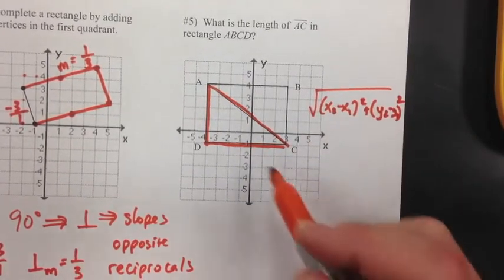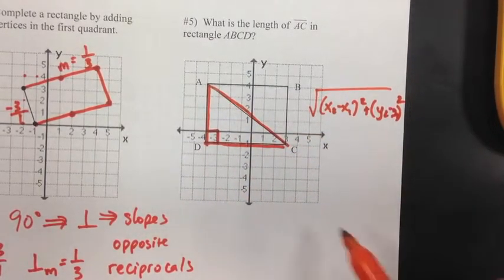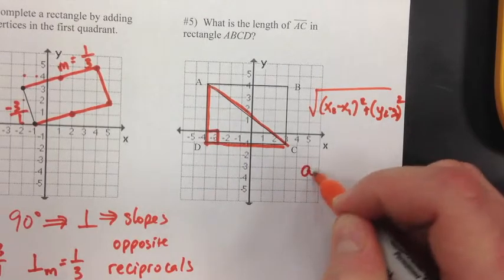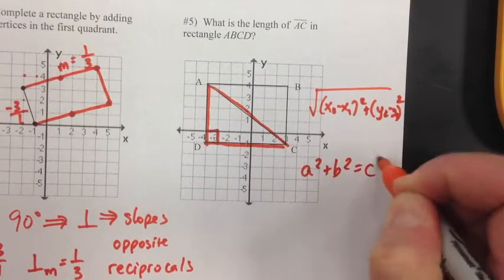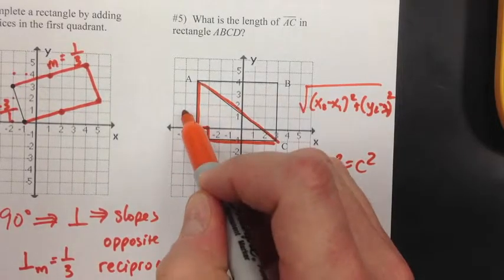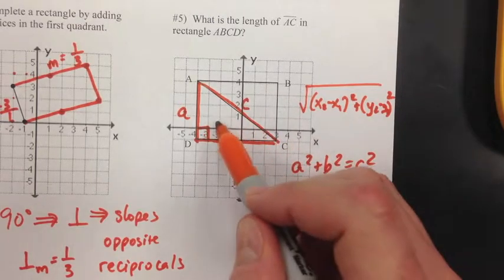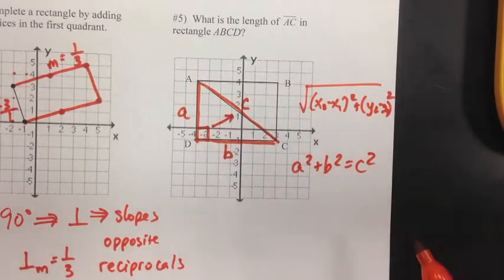But I think something that's easier, notice that this is a right triangle because it is a rectangle, so this is 90. We could do a squared plus b squared equals c squared, which is Pythagorean theorem. We haven't talked much about this, but C is always your longest side opposite the 90 degrees.